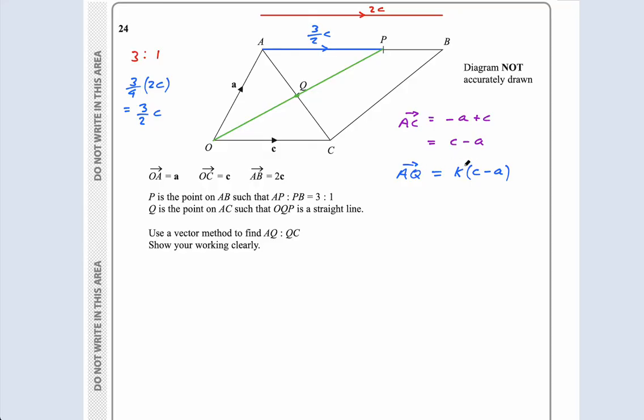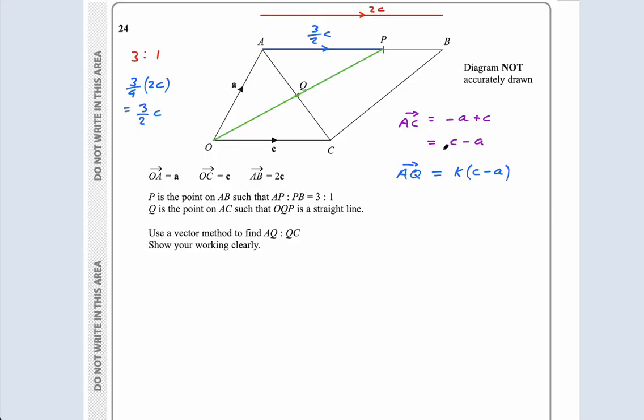Now obviously K will be less than 1 because it's a fraction of it, but it is some multiple. Like, imagine if it was a half, K would be a half of C minus A, because it would be a half of that. Okay, now the question becomes, let's find K. If I can find K, I haven't finished, but that's the hard part.